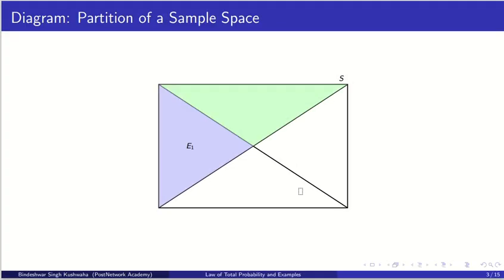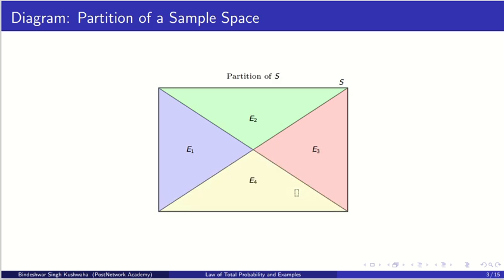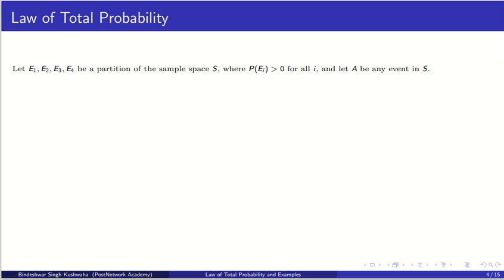Now you can see that event E1, E2, E3, and E4 partition S. Let E1, E2, ..., E4 be a partition of sample space S, where obviously P(Ei) is greater than 0.